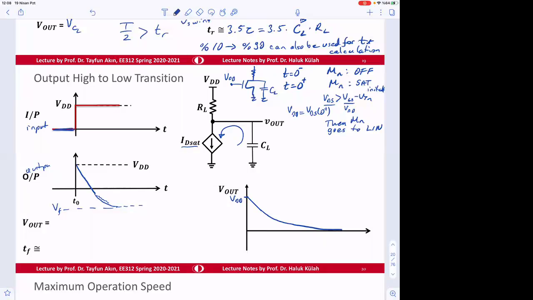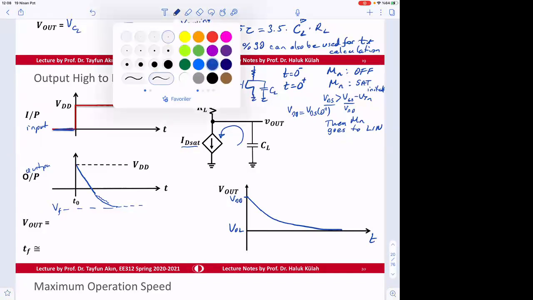And the minimum value that it will go is going to be the output low. So in the time scale, that's what is going to be. So finding that value is not that easy.